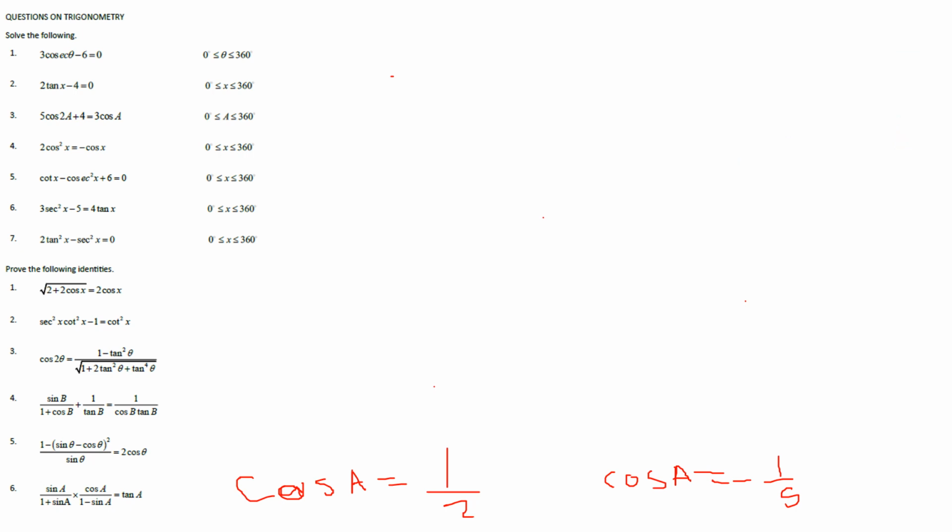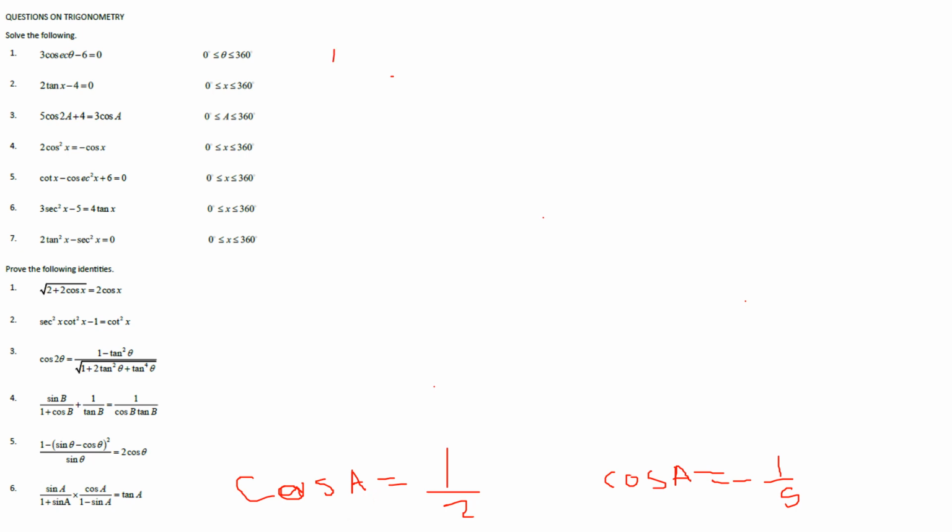Okay, so that means for the first, we want to solve for the value of a. We're going to do a what? A cos second function. Sorry. So remember, we want to solve this problem, so we must do a second function of cos so that we get the value of a.